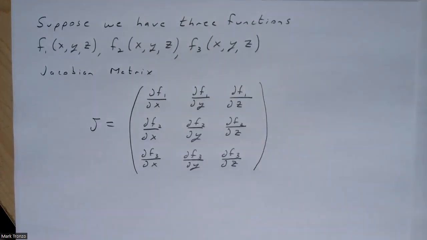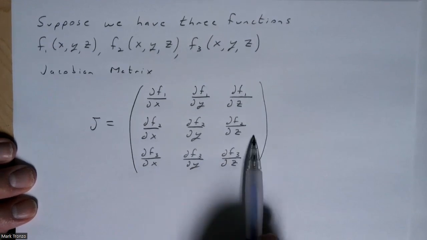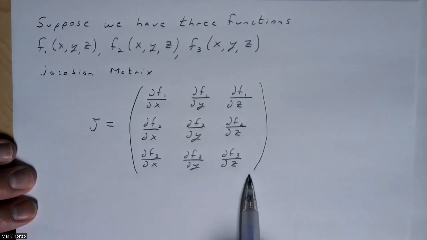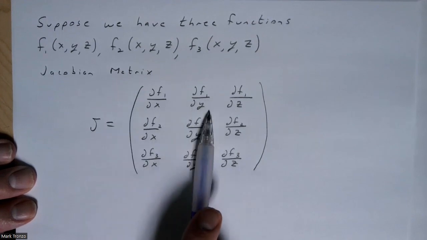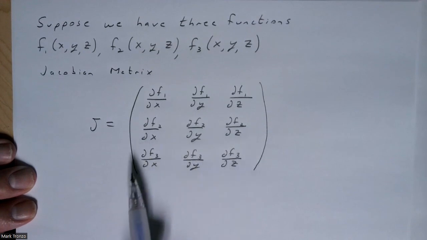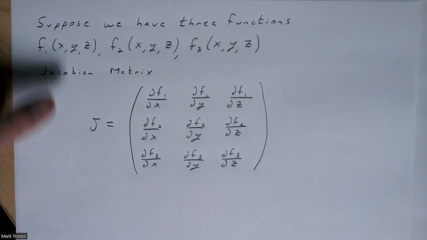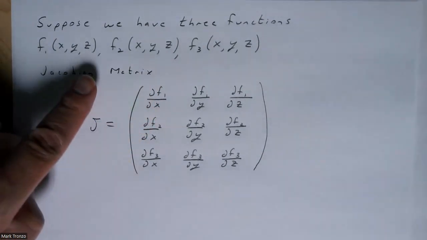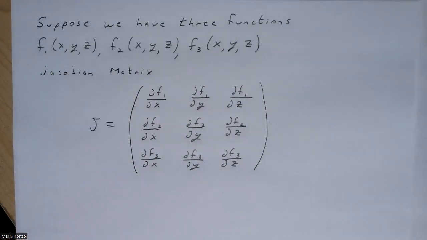So it's always important that in the first row, you're working on the first function, second row, the second function, third row, third function, and you do the derivatives in order x, y, and z, x, y, and z, x, y, and z. So that's the Jacobian if you have three functions, all of the same three unknowns.